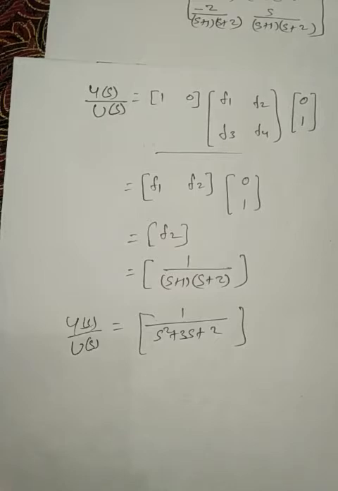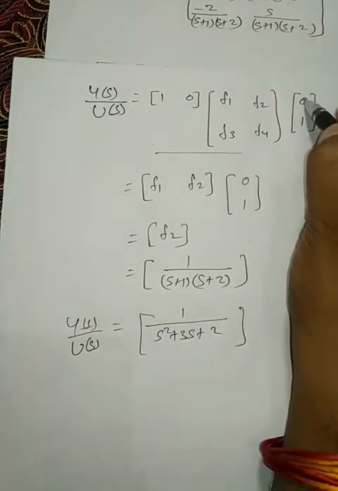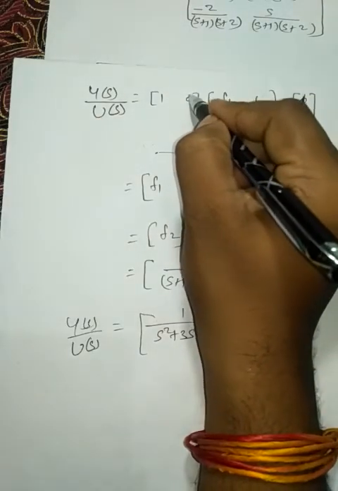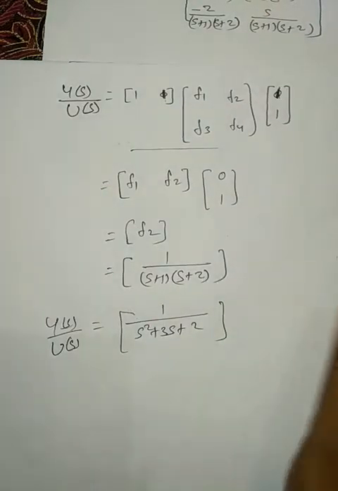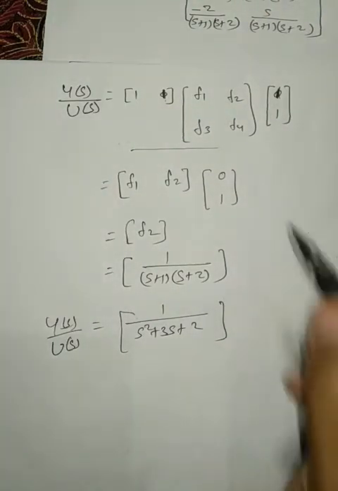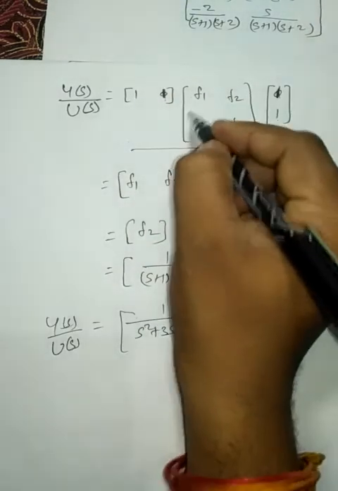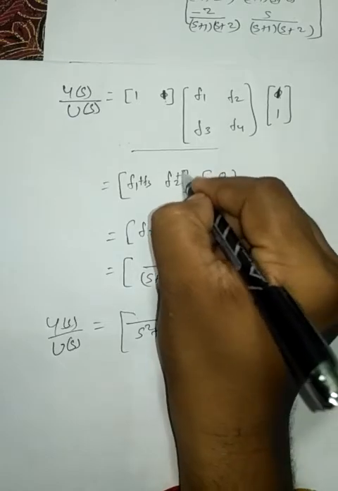In case of multiple input multiple output, let here we have 1 1, and here also we have 1 1. Then what will be the solution? What will be the transfer function? If I multiply these two terms, then we have f1 plus f3 and f2 plus f4.